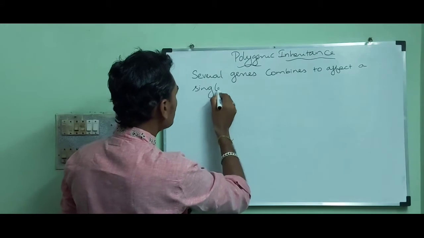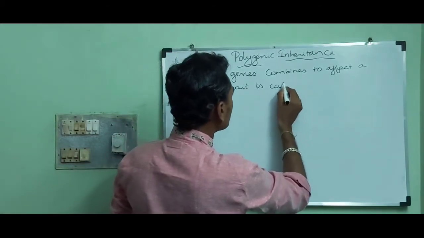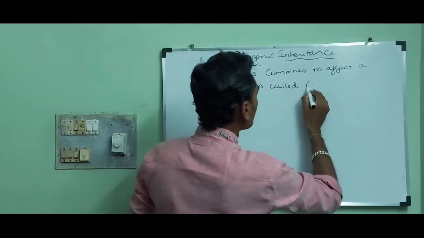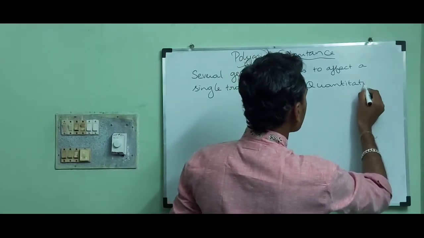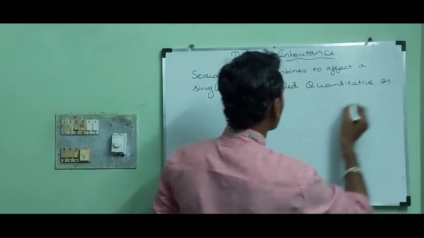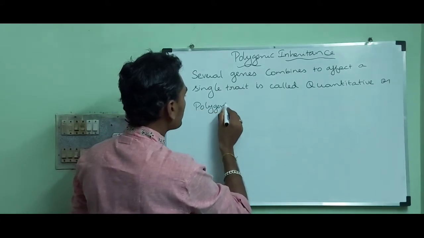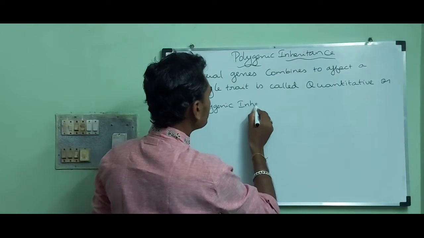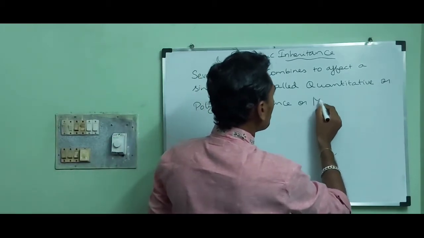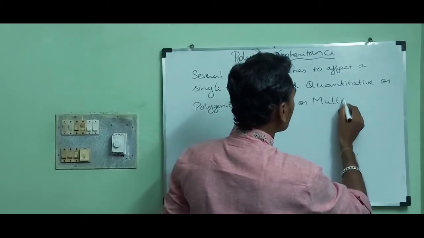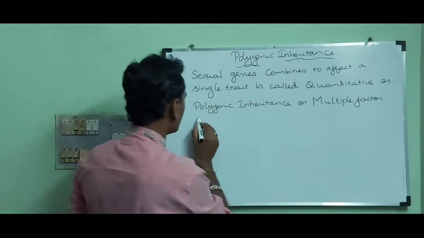A single trait is called quantitative inheritance or polygenic inheritance or multiple factor inheritance.